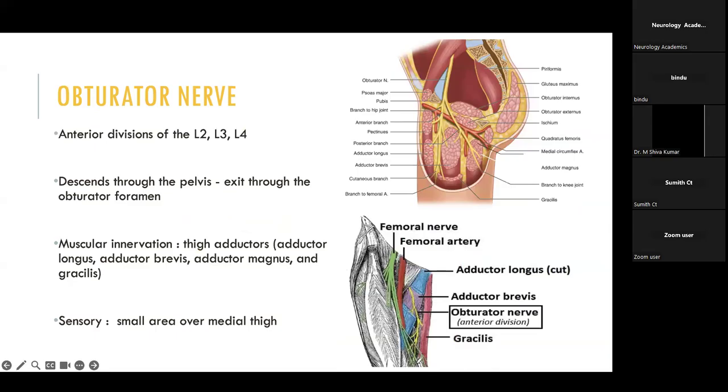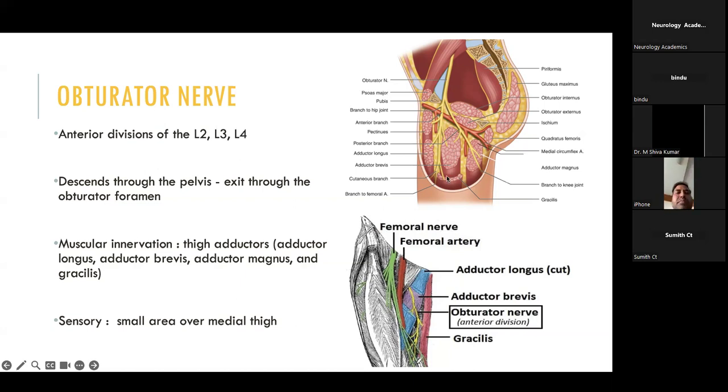Obturator nerve is formed from the anterior or ventral divisions of L2, L3, L4, and it descends into the pelvis, exits through the obturator foramen and divides into anterior and posterior branches. The posterior branch supplies adductor magnus, and adductor brevis, adductor longus and gracilis are supplied by the anterior branch.